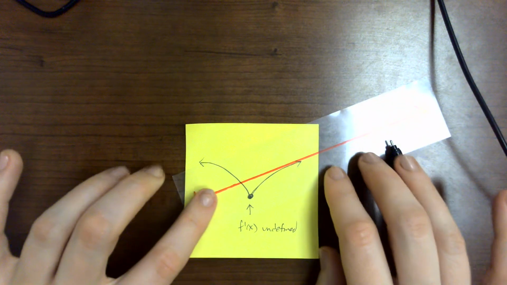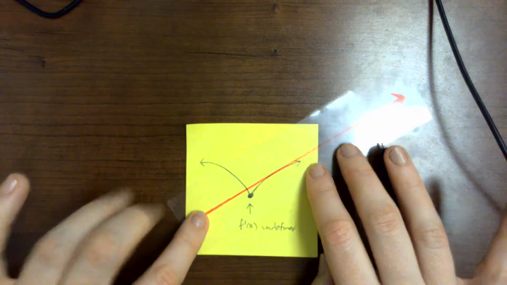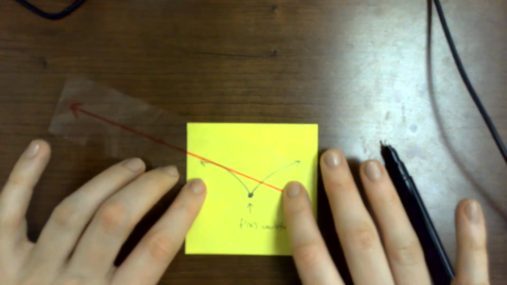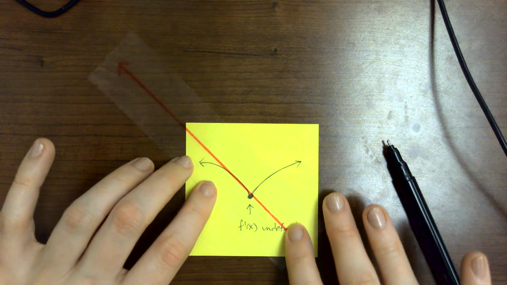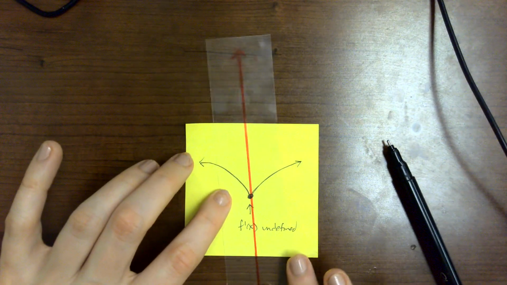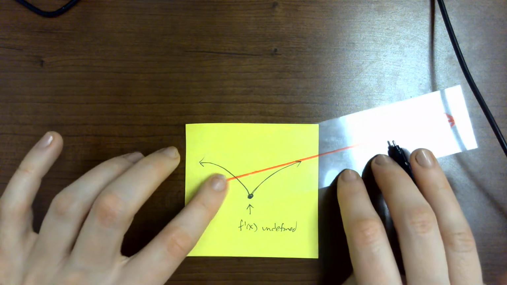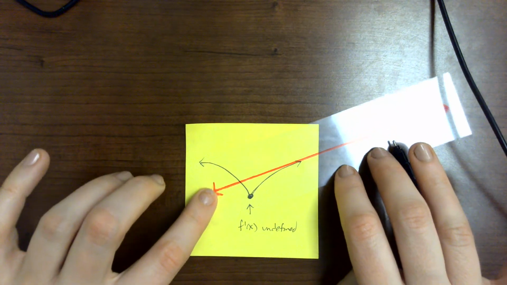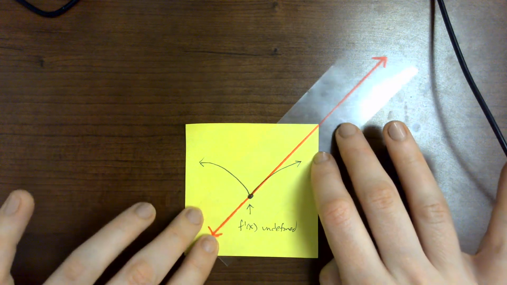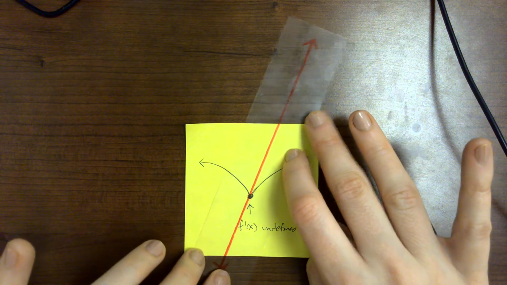These slopes are getting more and more negative, but on the other side the slopes are getting more and more positive.